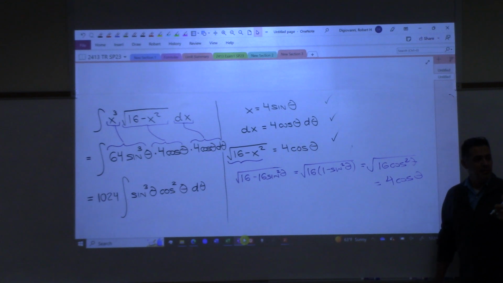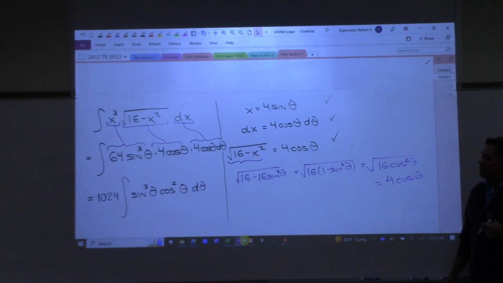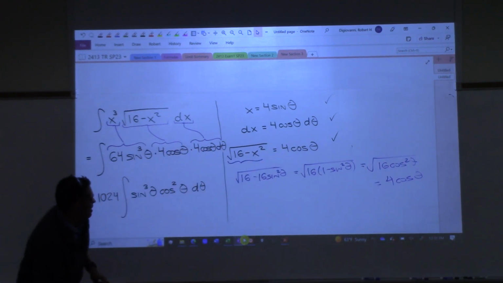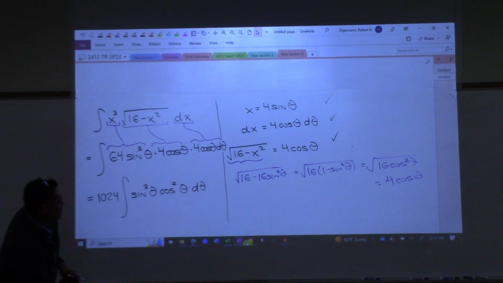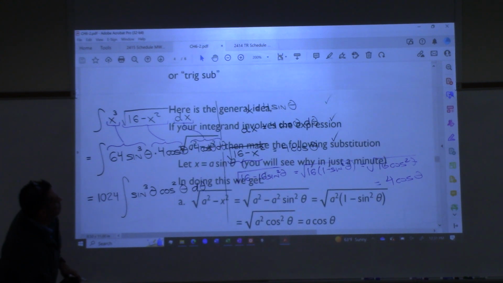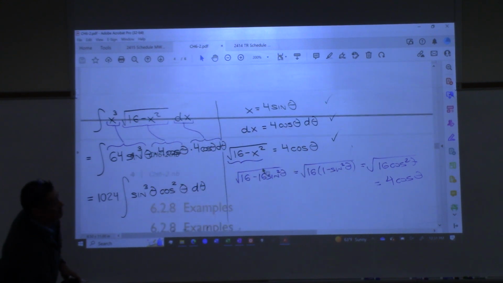Good? How do we handle sine and cosine together when the power on sine is odd and the power on cosine is even? Well, let's see. How do we handle that? Way up here.